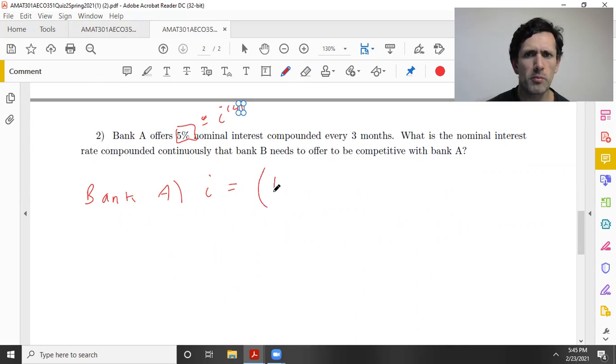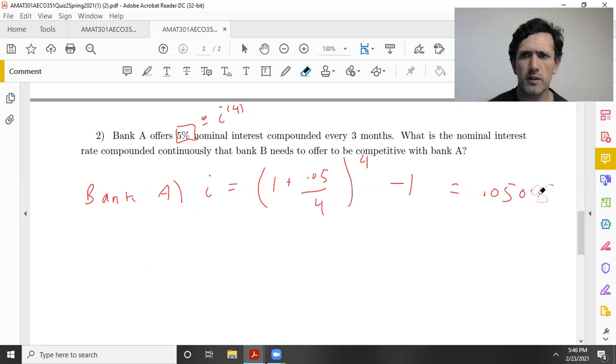Well, the formula is 1 plus I4 over 4, raised to the 4, minus 1. I4 we just had is 0.05. So this is 0.05095. You dump this into a calculator.